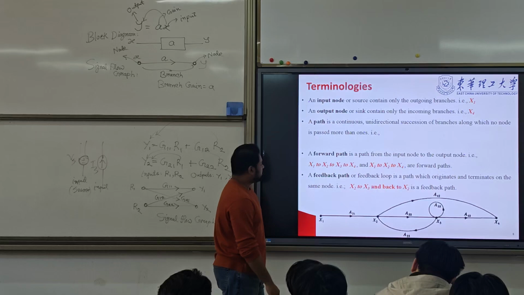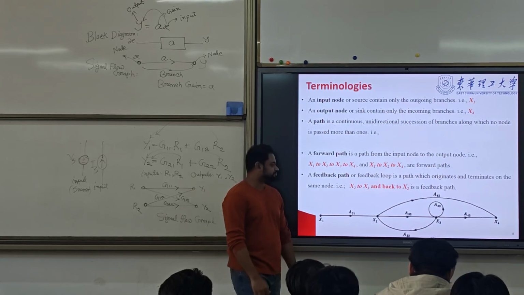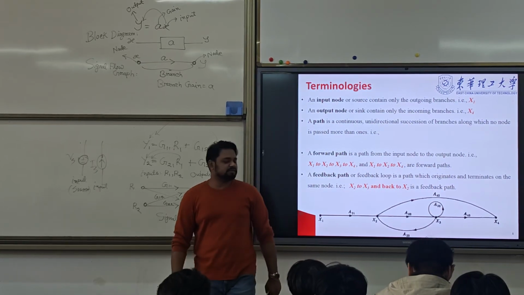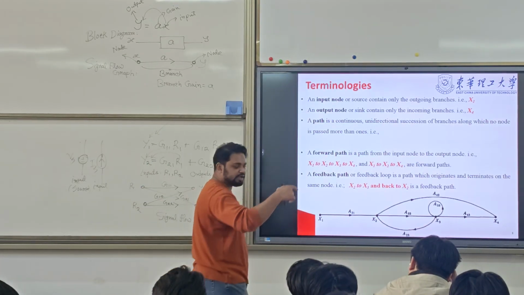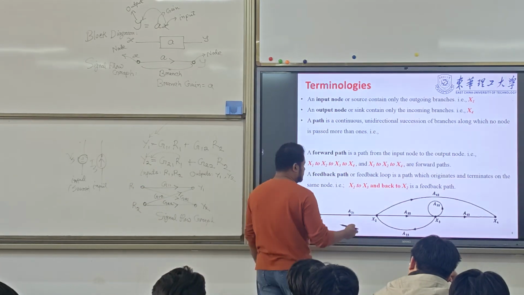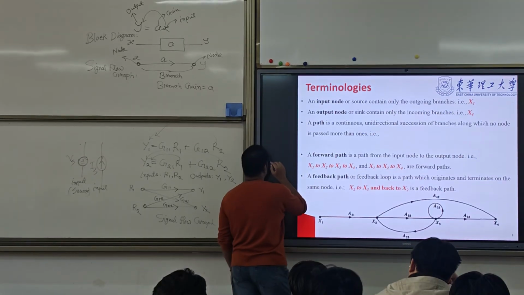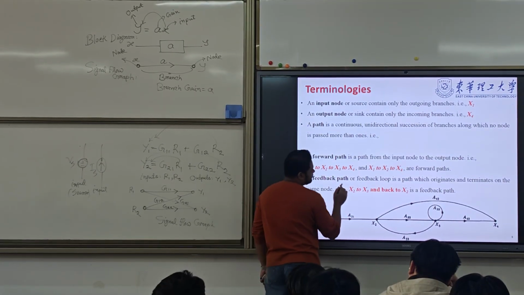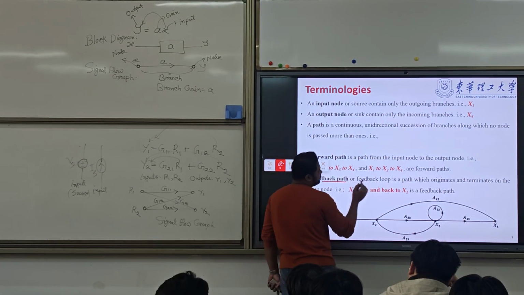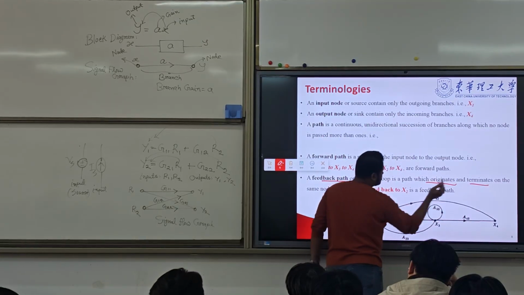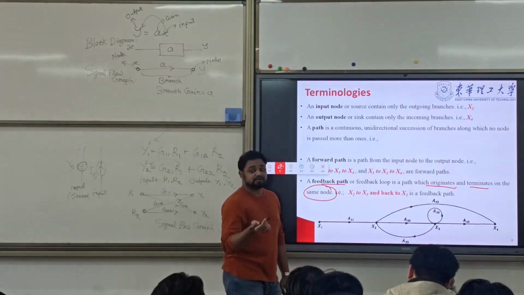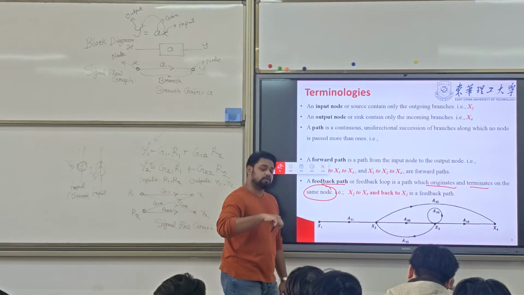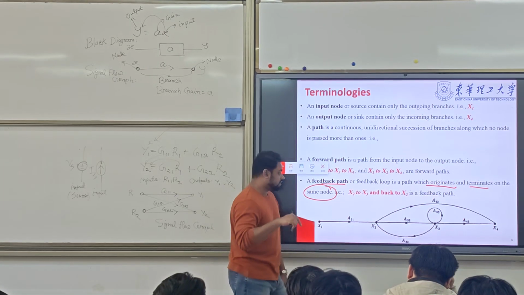Now the second one, it is the feedback path. We call it a feedback path if it starts from a node and it ends at the node again. Suppose here, a feedback path originates and terminates on the same node. Originate means started, and it terminates at the same node.